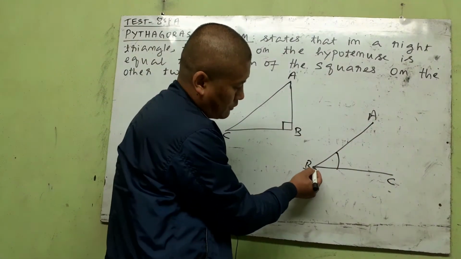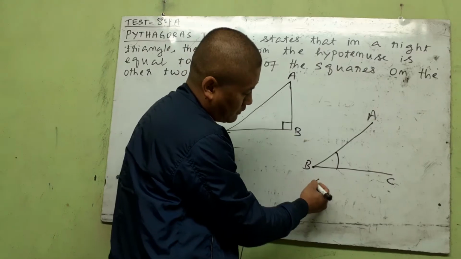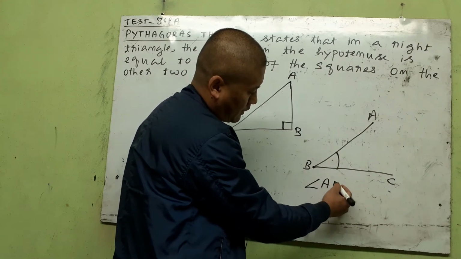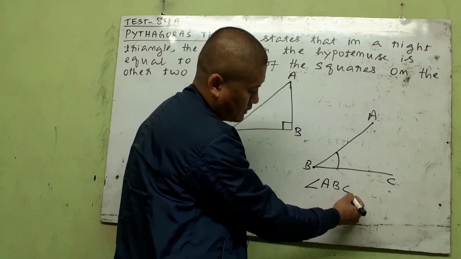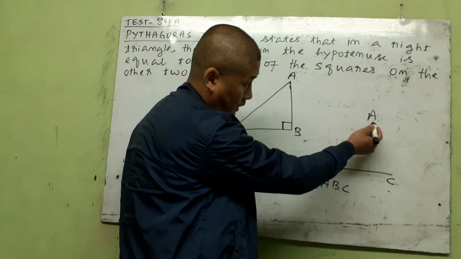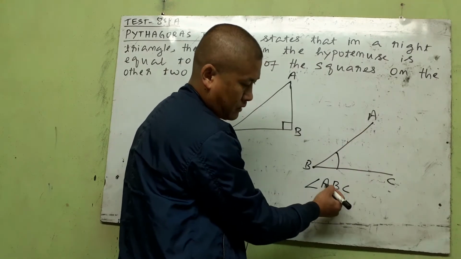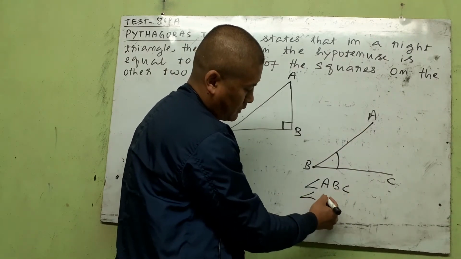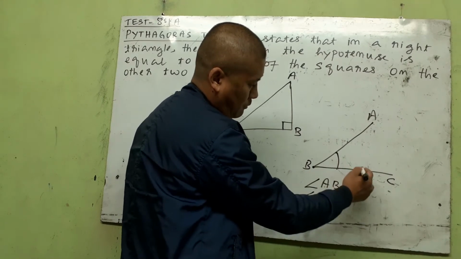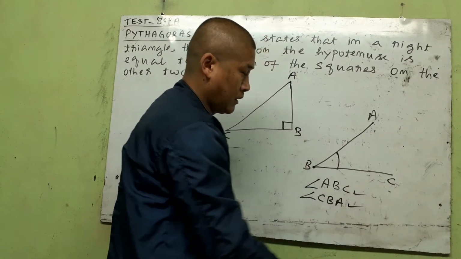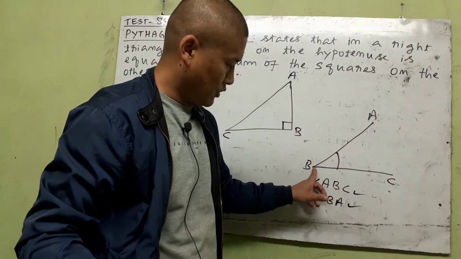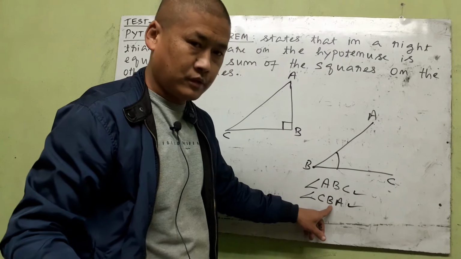The meeting point is called the vertex. So when we write this angle, we have to write A B C, meaning the meeting point should come in the middle position, and A and C are on the outside. Or you can write the same angle as C, B, A. Both are correct, as long as the vertex, the meeting point of the two arms, which is B, is in the middle position.